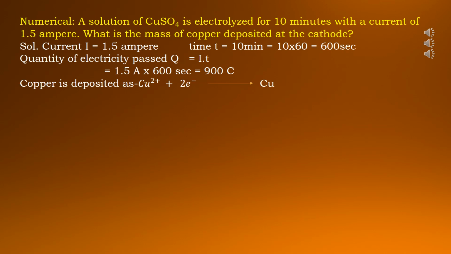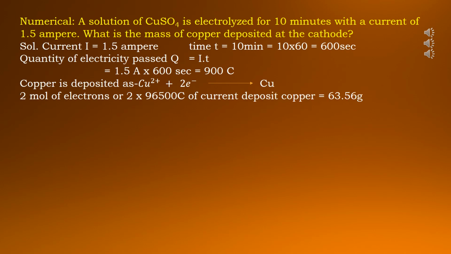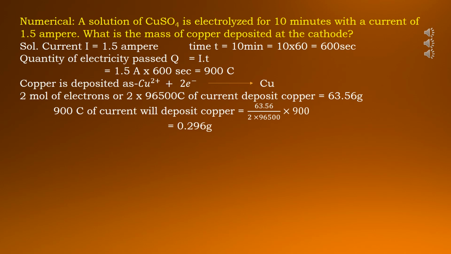So 2 mole of electrons or 2 into 96500 coulomb of current deposit copper equal to its gram atomic weight, that is 63.56 gram. So 900 coulomb of current will deposit how much copper? 63.56 divided by 2 into 96500 multiplied by 900, which comes out to be 0.296 gram.